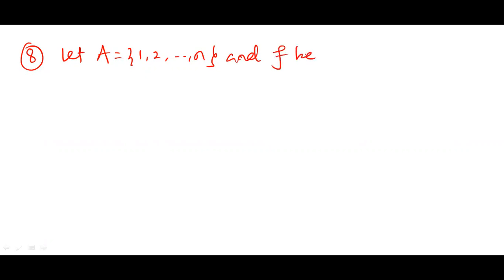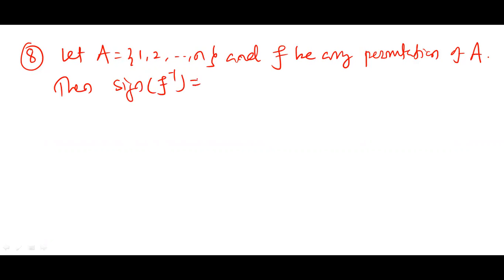And let's see the last note. Let A be a set containing n elements 1 to n, and f be any permutation of A, then the signature of f inverse is equal to the signature of f.